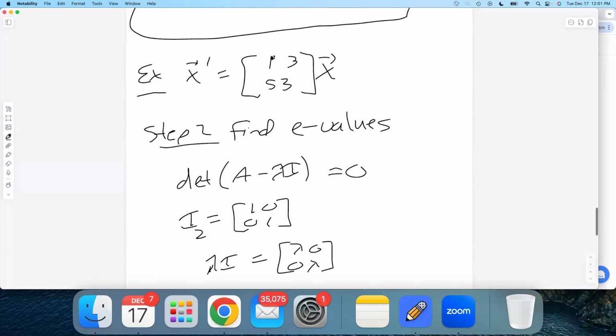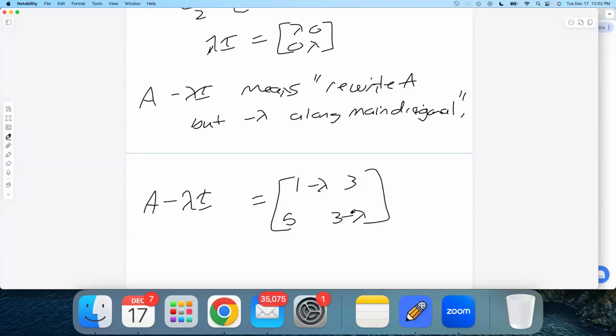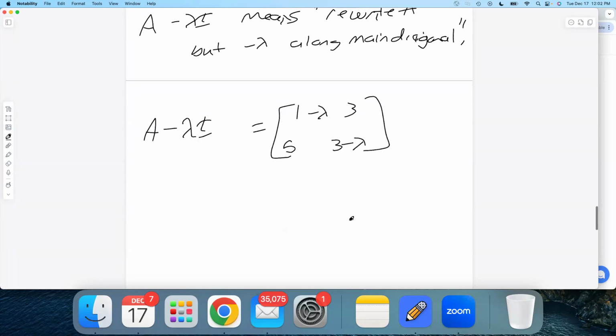So I'm going to rewrite my matrix A, but here along the main diagonal, I'm going to put minus lambda, leave everybody else alone. So A minus lambda I is this new matrix: 1 minus lambda, 3, 5, 3 minus lambda. So leave these two guys alone, put a minus lambda after these elements along the main diagonal. Okay, now we want the determinant of that.